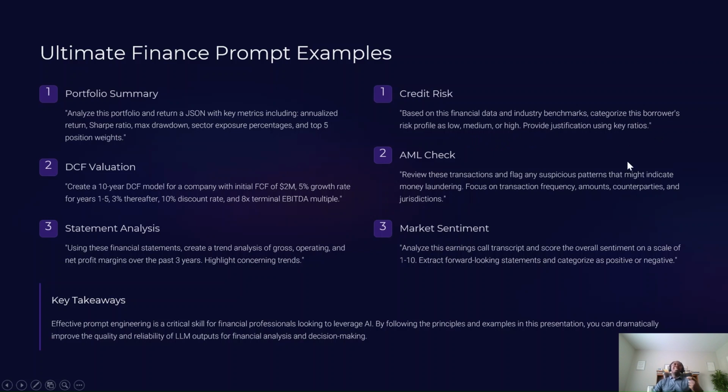Perfect. You provide financial data, that's the context. Categorize the borrower's risk profile as low, medium, or high, that's the objective. And provide justification using key ratios. You want to have that tree of thought. You want to see how it's coming up with those ratios.